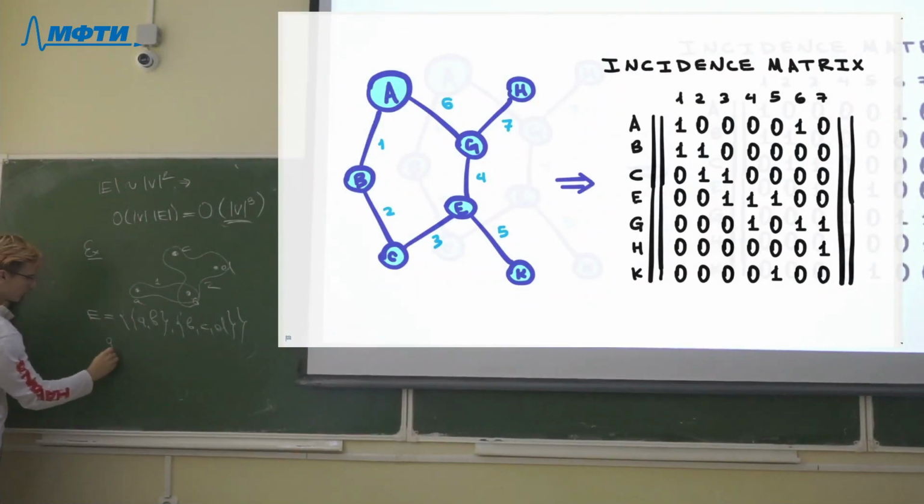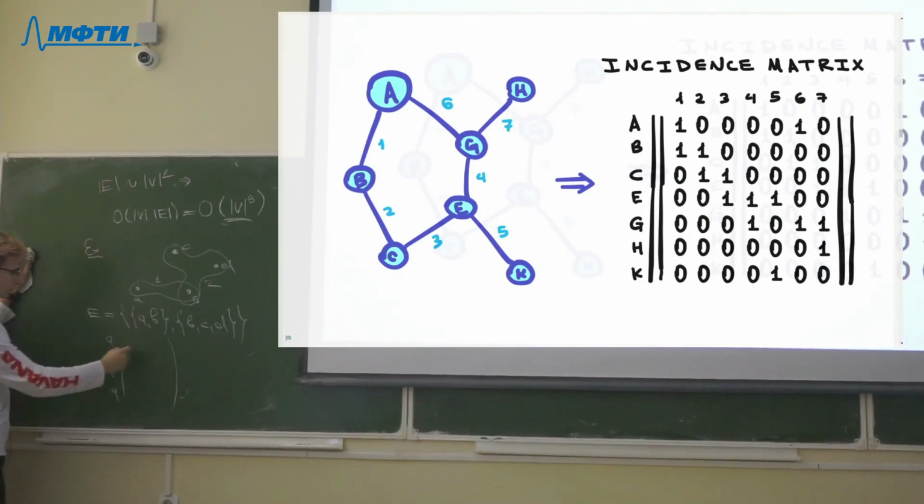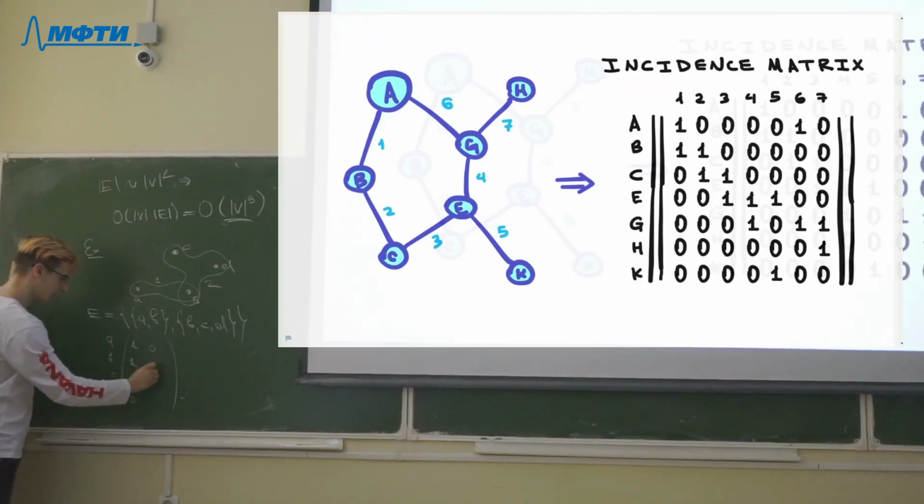We have 4 vertices, and this is 1, 1, 0, 0, and this is 0, 1, 1, 1, yeah.